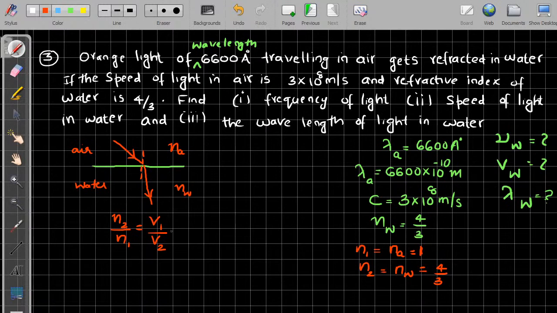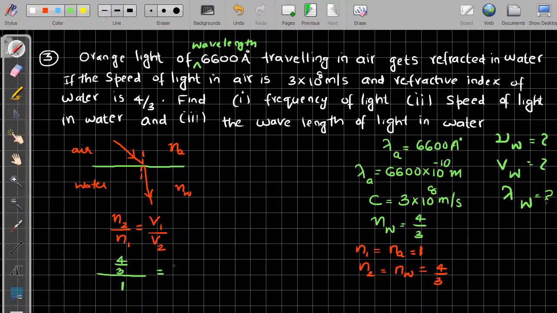So if I want to manipulate this expression, what can I do? What is the N2 value here? 4 by 3, whole divided by the refractive index of air. N1 is air, so that will be equal to 1.